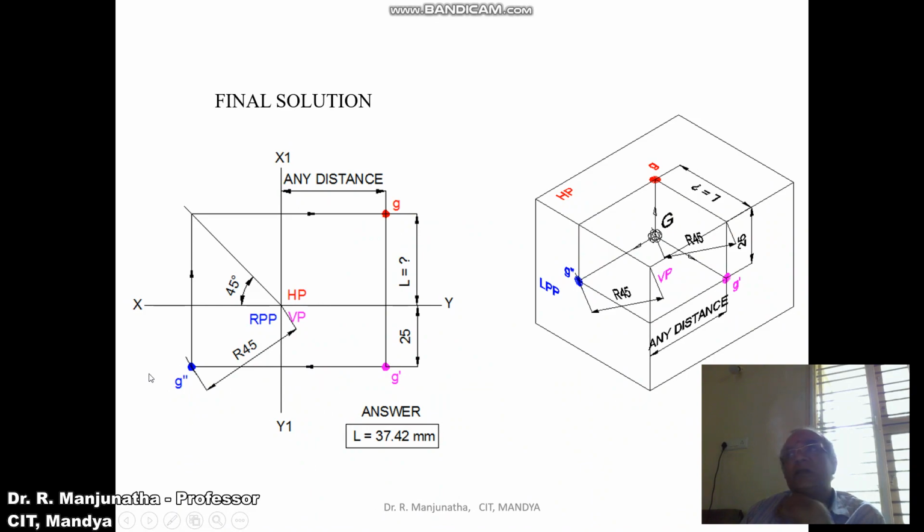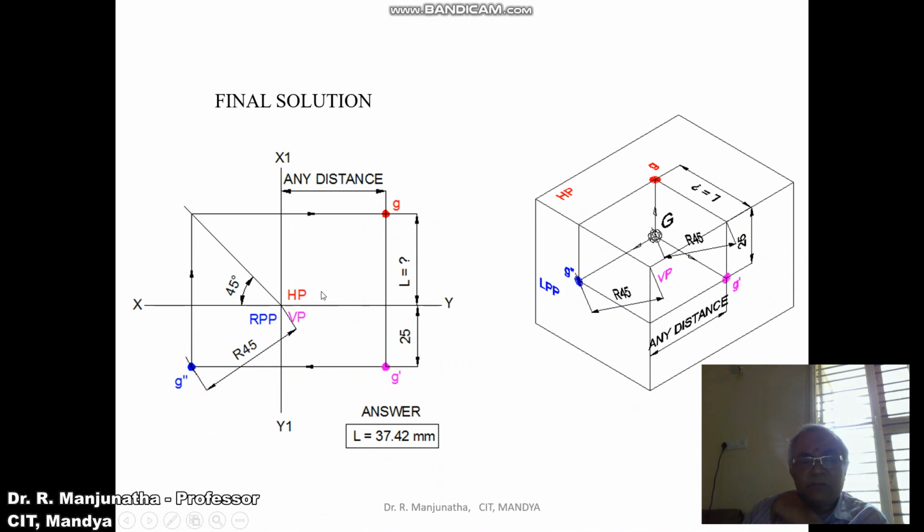The shortest distance from the intersection of xy and x1y1 line is this distance, so you measure 45 mm using the compass. From the origin, you cut an arc on the horizontal projector drawn from the front view to the profile view. Then you mark this point as G double dash. Then draw a 45 degree line using the protractor with respect to the xy line, adjacent to HP.